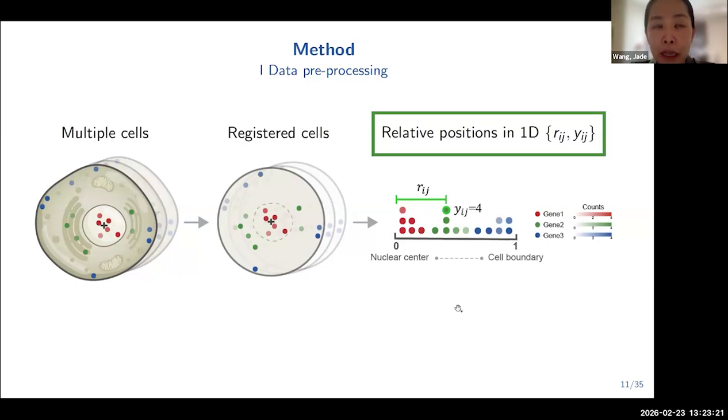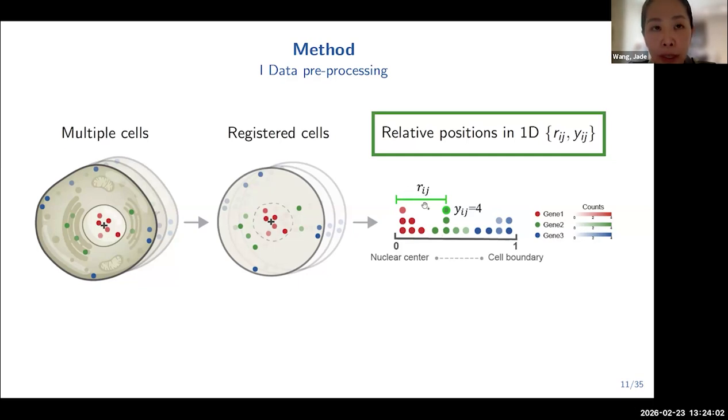And the output of this step is that we only keep the one-dimensional information. We don't look at the angular position of those registered dots. We only keep how far each is from the nuclear center. So we are able to put all of these spots on a one-dimensional axis from 0 to 1, where 0 means exactly the nuclear center and 1 means exactly the cell boundary. We can see those transcripts or spots registered here, and these are R_ij for cell i and gene j.